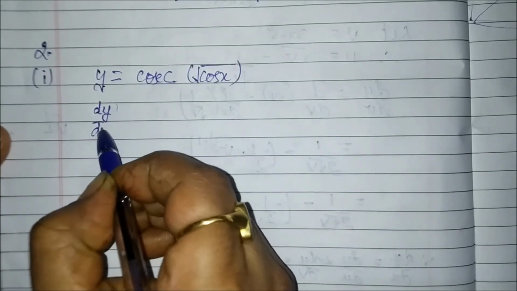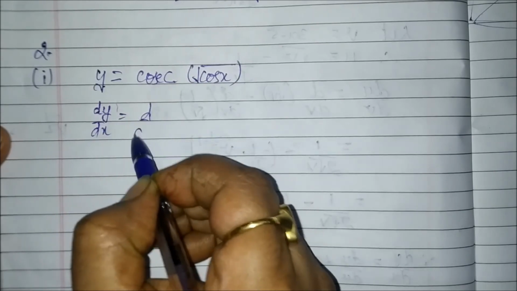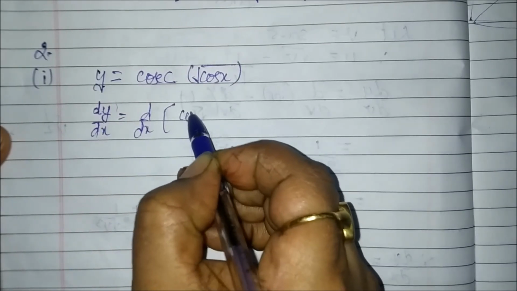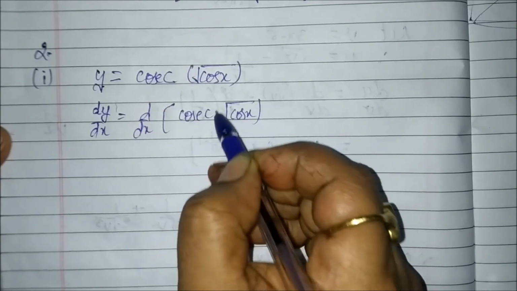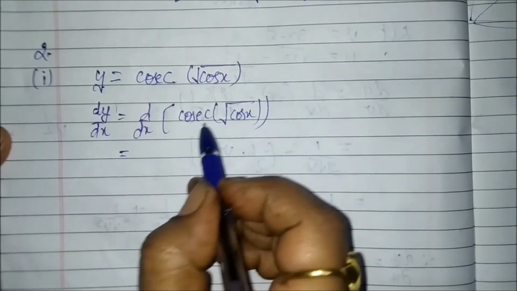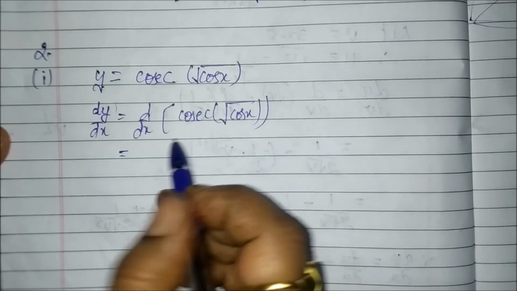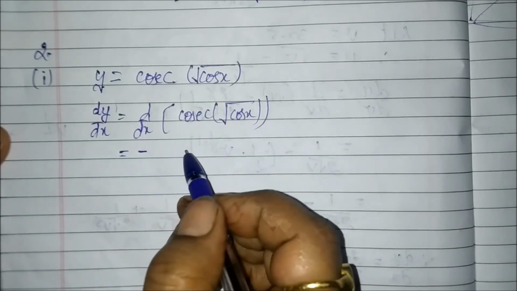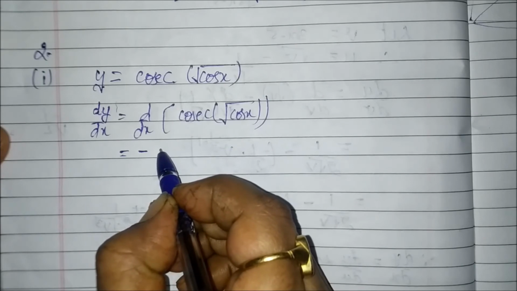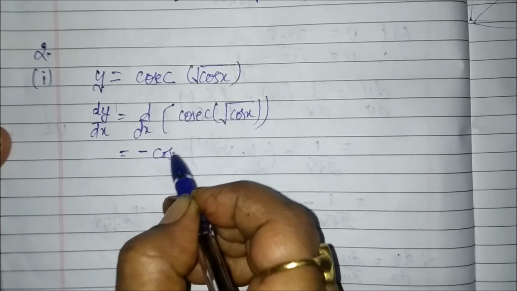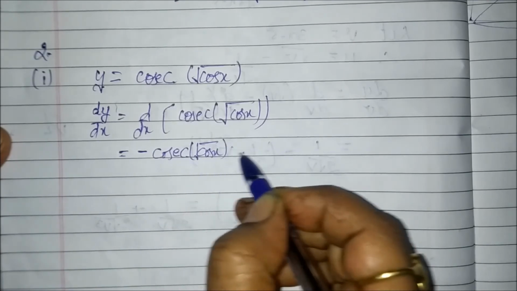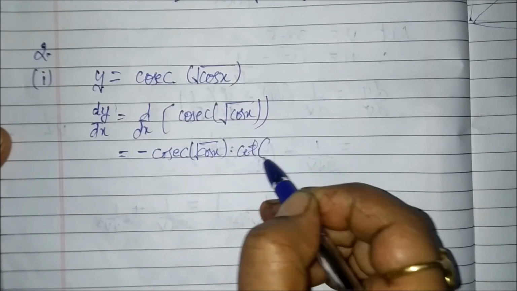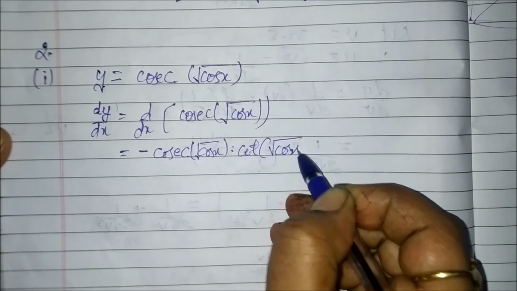dy by dx is equals to d by dx of cosec root of cos x. Okay, derivative of cosec x is minus cosec x cot x. So minus cosec, this is your x, minus cosec x cot x. This is your x.